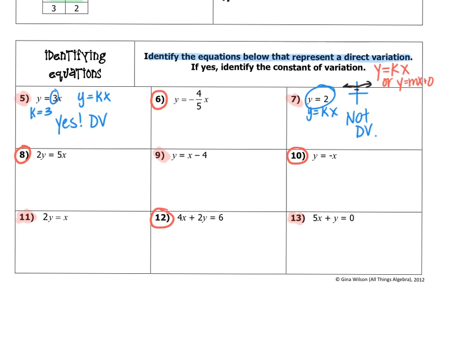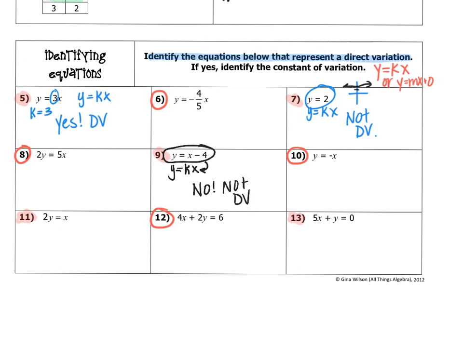And all directly variated relationships go through (0, 0), in the form y = mx + 0. Let's look at 9. All direct variated equations are y = kx. That is not a y = kx, so no, not direct variation.